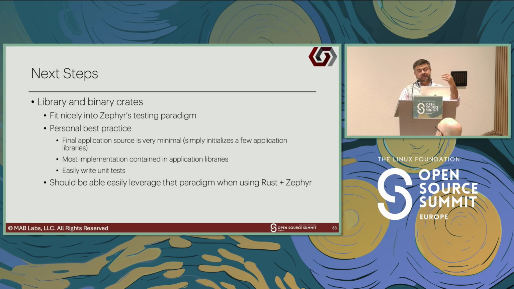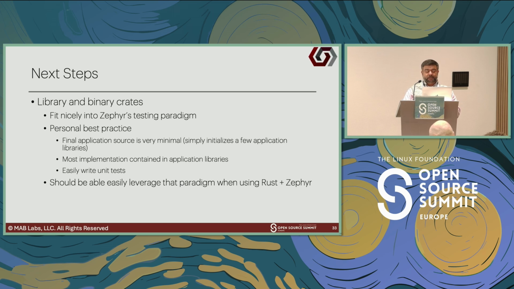Under app source, I just have main.c, and it's maybe like 10 lines of code. And all it's doing is initializing a few application libraries, right? All of the actual implementation is under a lib folder that I use some CMake gymnastics to make well defined, so that you can make it part of your final implementation.